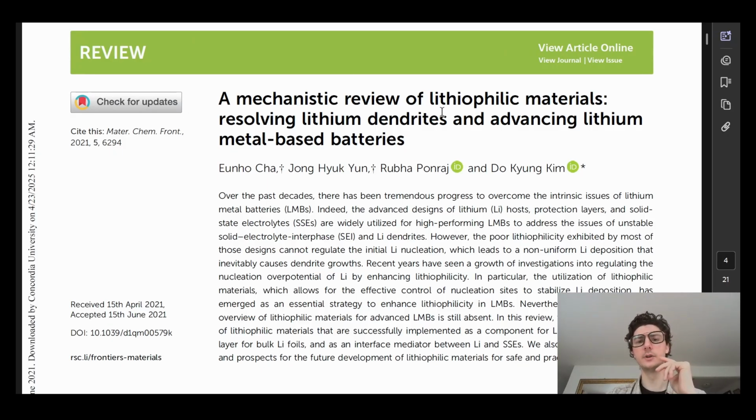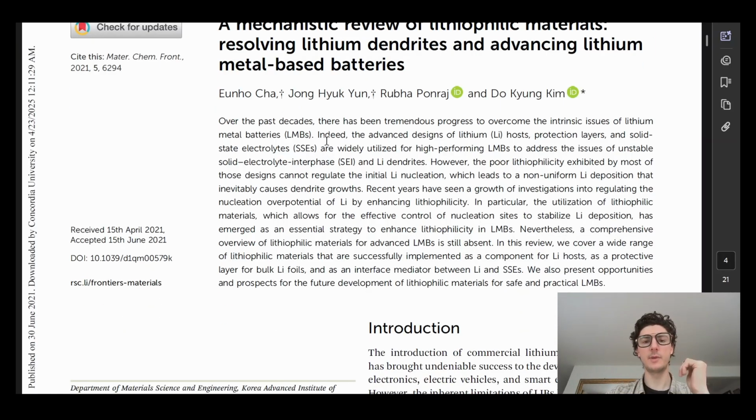A mechanistic review of lithophilic materials, resolving lithium dendrites and advancing lithium metal-based batteries. Over the past decades, there has been tremendous progress to overcome intrinsic issues of lithium metal batteries, LMBs.